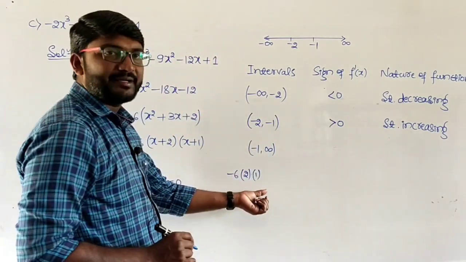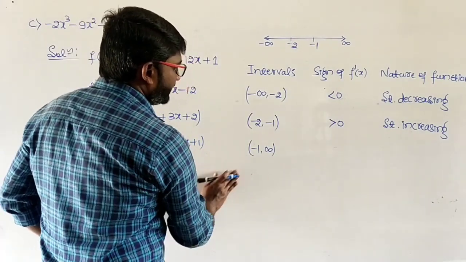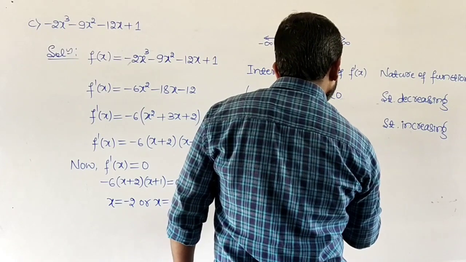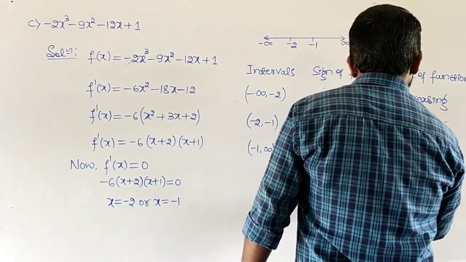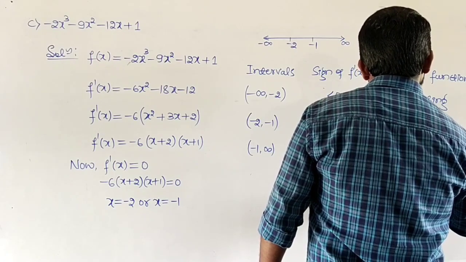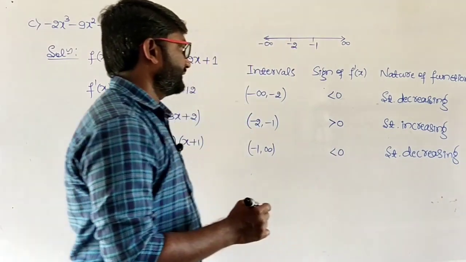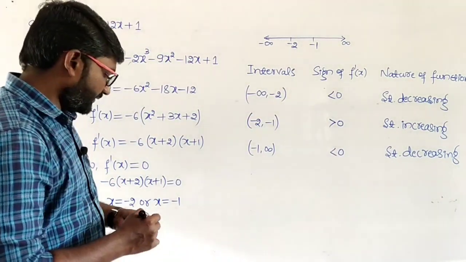So overall you get minus 12, which is less than 0. So that means in this interval f dash of x is going to be less than 0. It is strictly decreasing. So this is all about the third case.